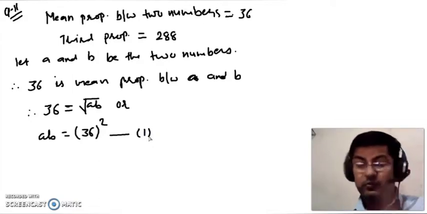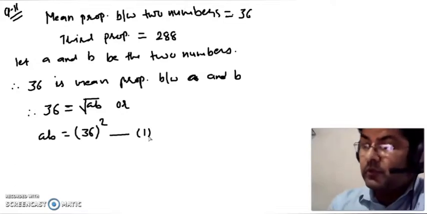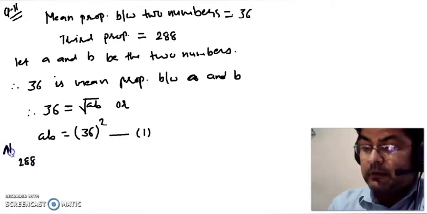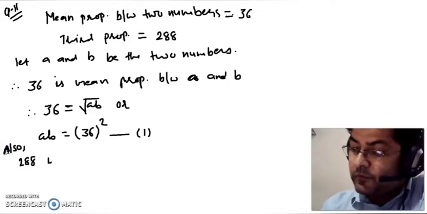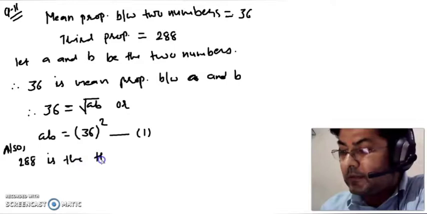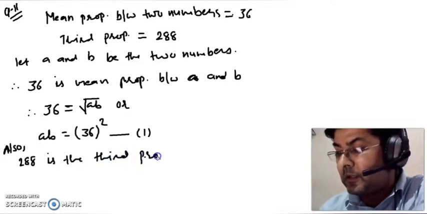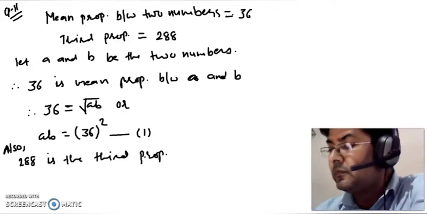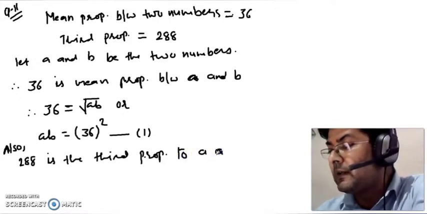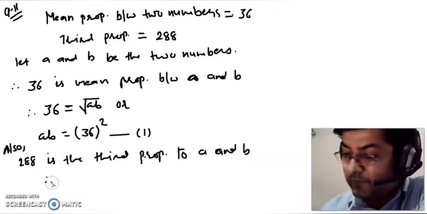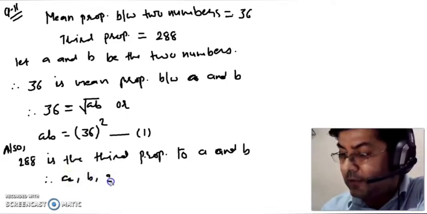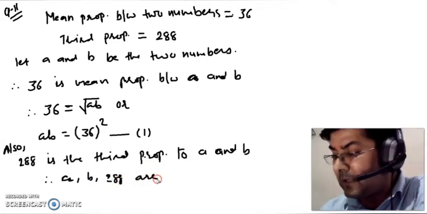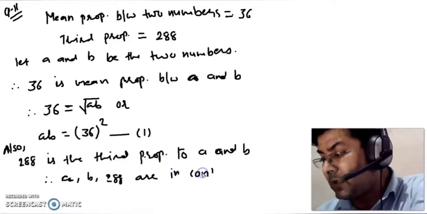Further you are given that 288 is the third proportional to a and b, and therefore a, b and 288 are in continued proportion, yes or no?